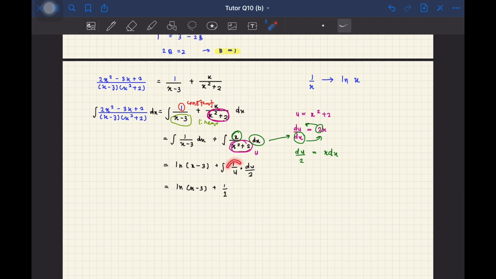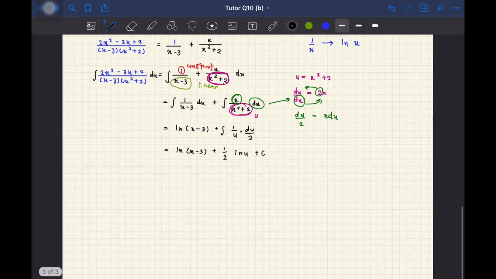Okay, so now I have 1 over u. 1 over u is just like 1 over x, so integrating it is going to give you ln u. Okay, so we have settled every integral, we have done all the integration, so you just need to plus with c. Okay, so plus c will always come last when you have settled, integrated everything. So when the integral sign and du or dx have disappeared, you must add c.